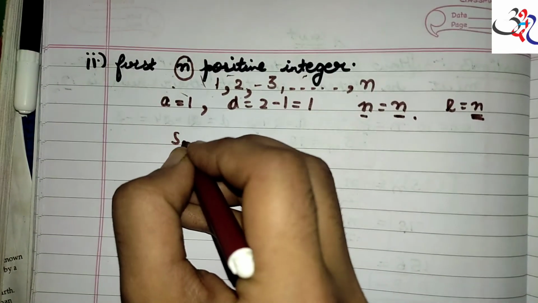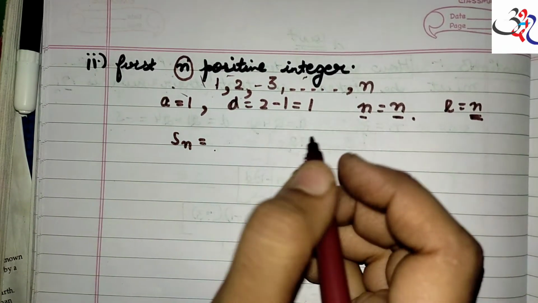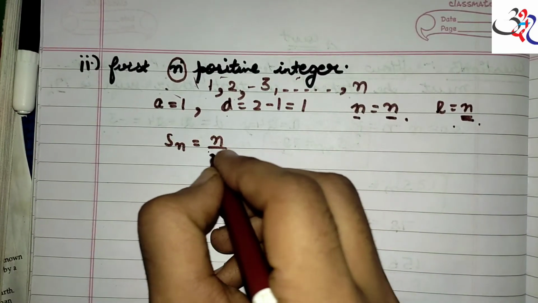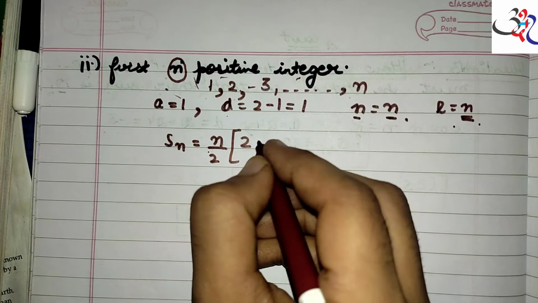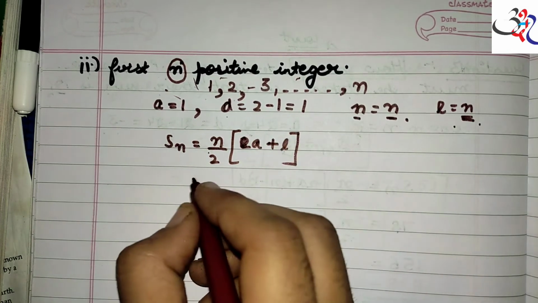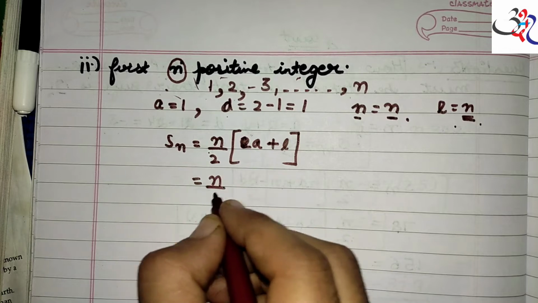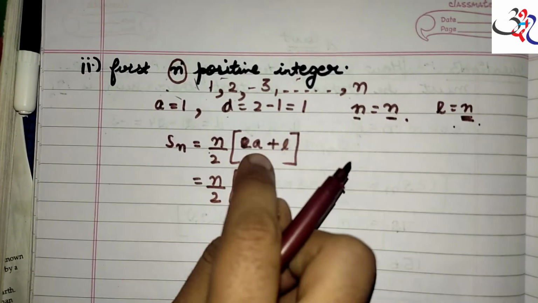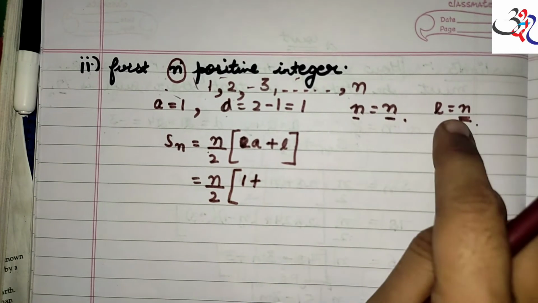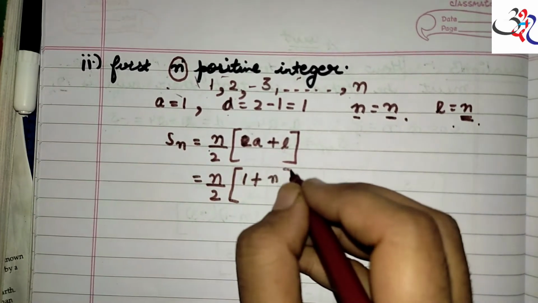So we can use the second formula which I have told you, that whenever the last term is given to us, then the formula is n by 2 into a plus l, right? So n we do not know, they are asking in general, and a is 1, and l is my last term, which is equal to n.